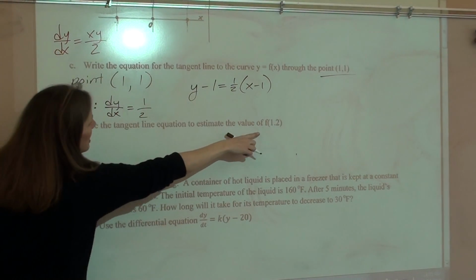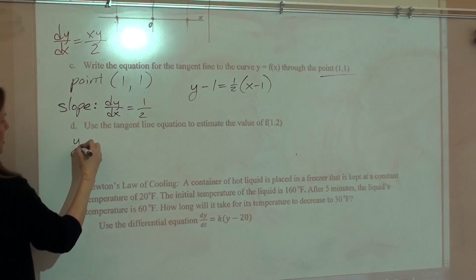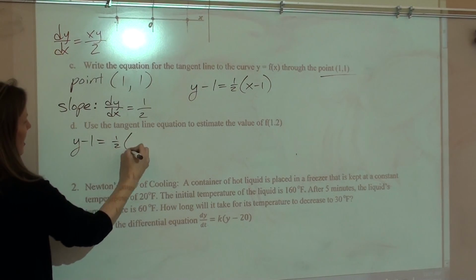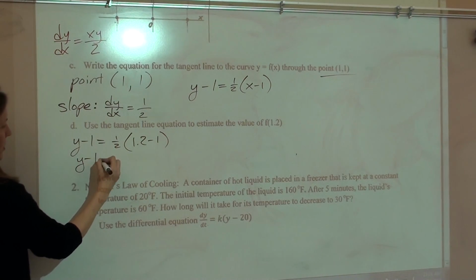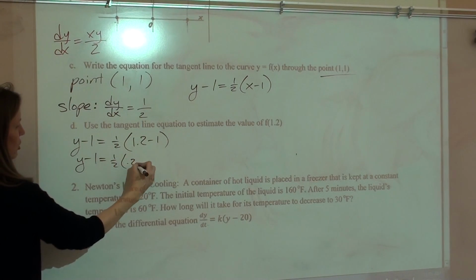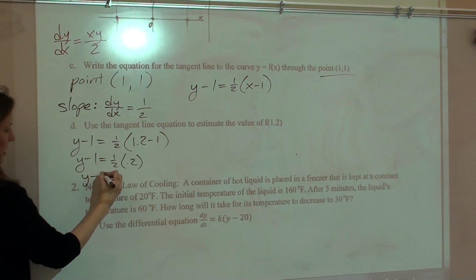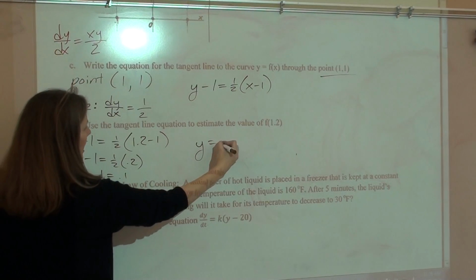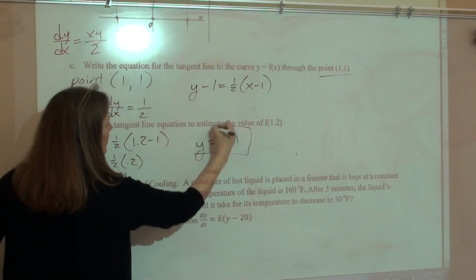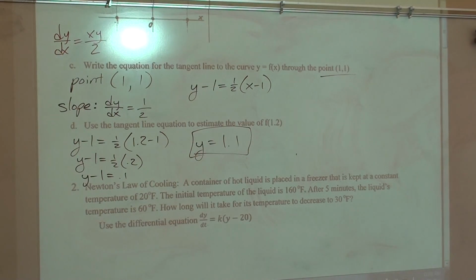So this is like our x value, so you get y minus 1 equals 1/2 times 1.2 minus 1. So y minus 1 equals 1/2 times 0.2. Half of 0.2 is 0.1. And then you add 1 to both sides and you get 1.1. That's your approximation.